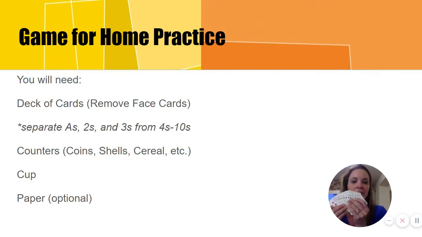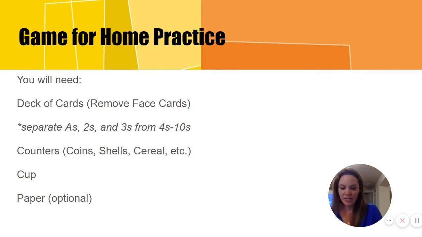One pile is going to contain my numbers 4, 5, 6, 7, 8, 9, and 10. And the other is going to have my aces, which stand for 1s, 2s, and 3s. You want to pull out your jacks, your queens, your kings, and your jokers if you have them.